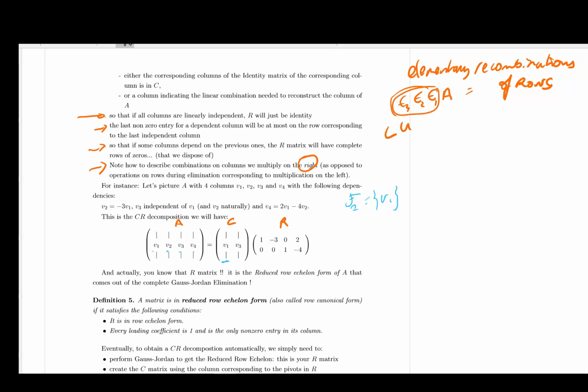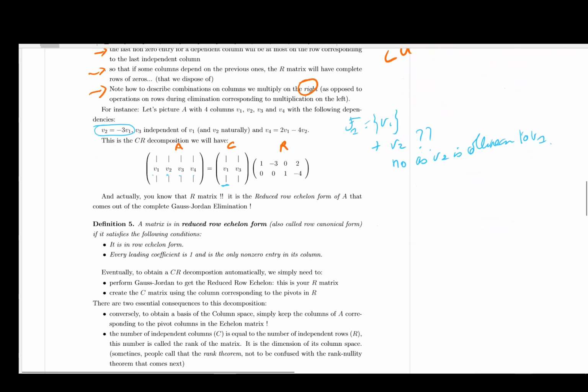Then we wonder, should we add V2? That's the question. According to our assumptions, V2 would be equal to negative 3 V1. So no, V2 is collinear to V1, so I shouldn't add it to the C matrix. Meanwhile, what's happening in the R matrix?